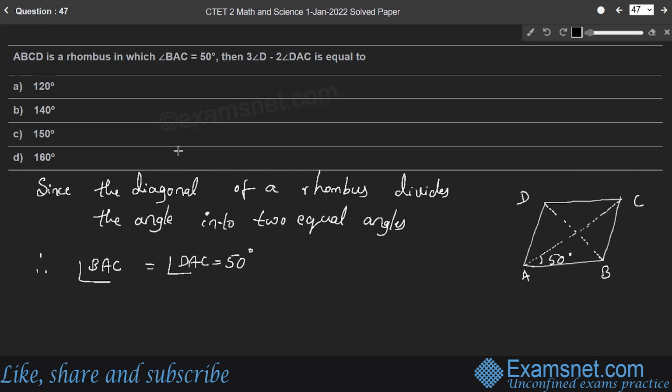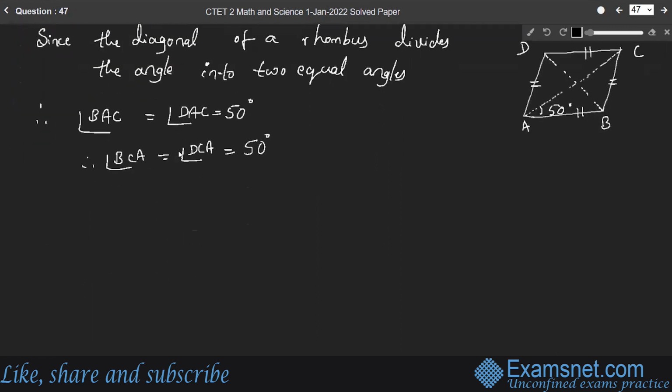Also, opposite angles are equal, since the sides of a rhombus are equal and their opposite angles are also equal. Therefore, angle BCA is equal to angle DCA, which is also 50 degrees.